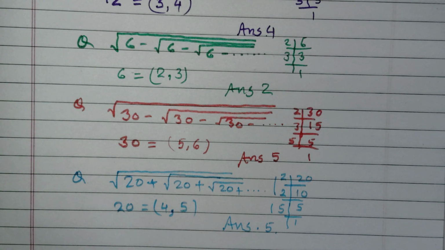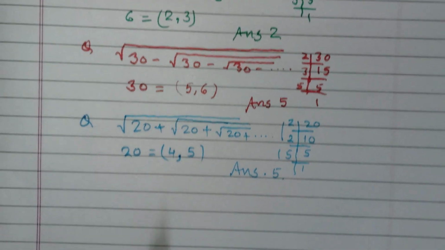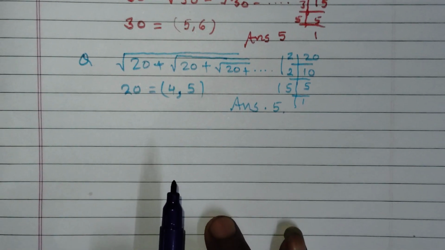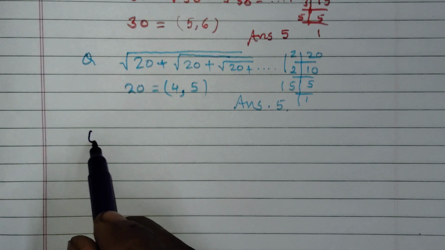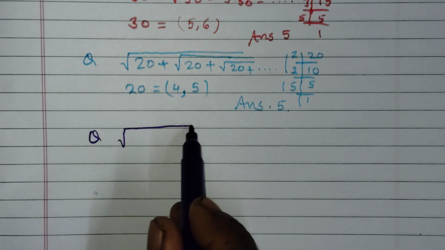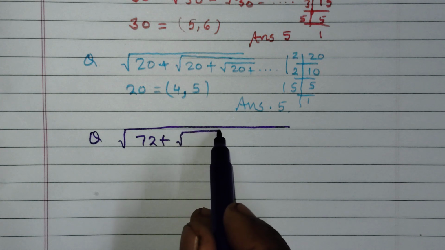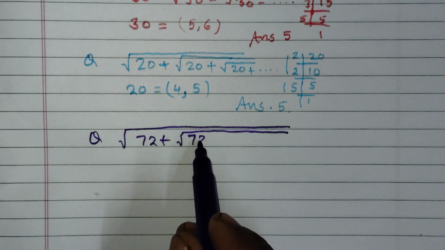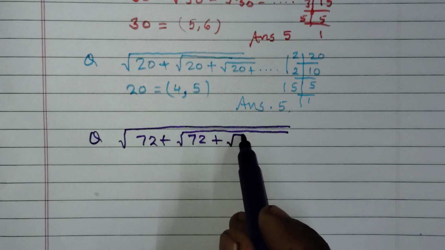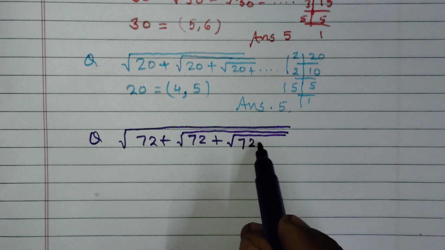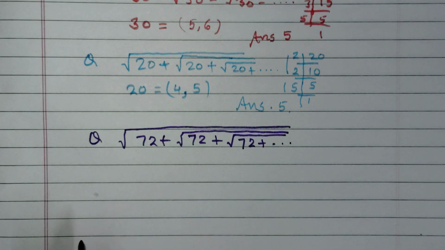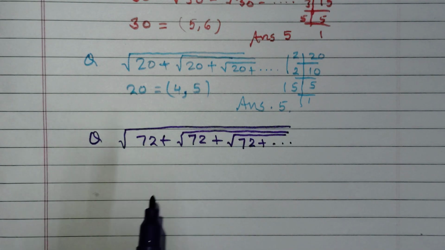Next question, similarly you can solve other problems also. Take square root of 72 plus square root of 72 plus square root of 72 plus, and so on.